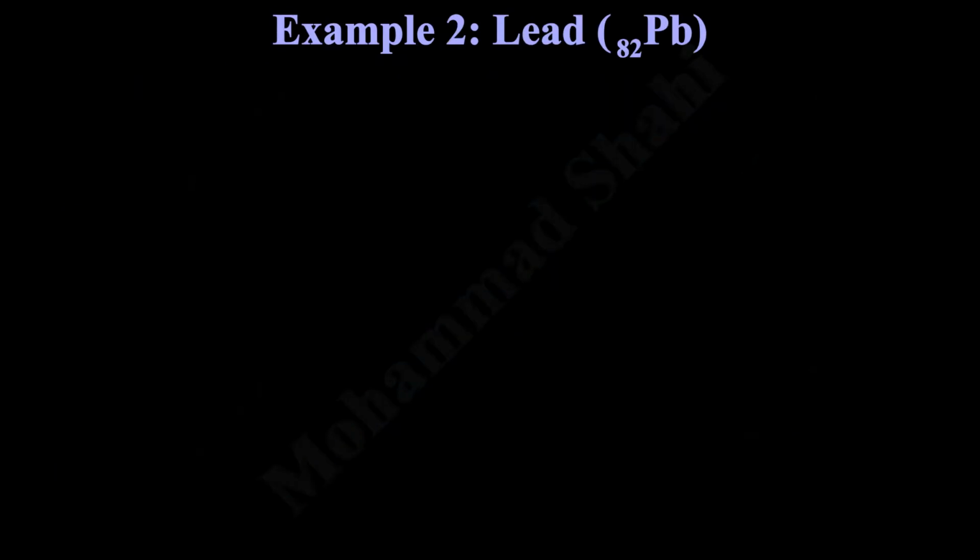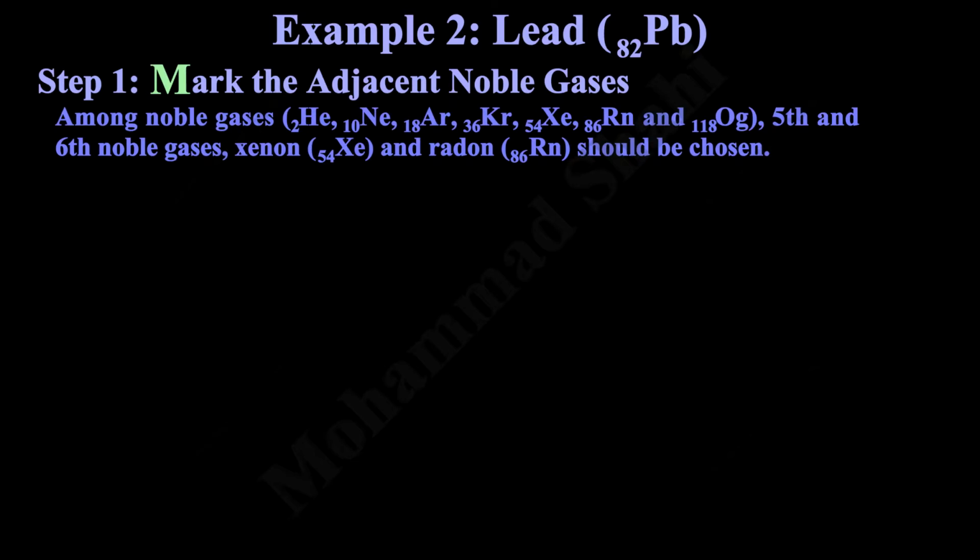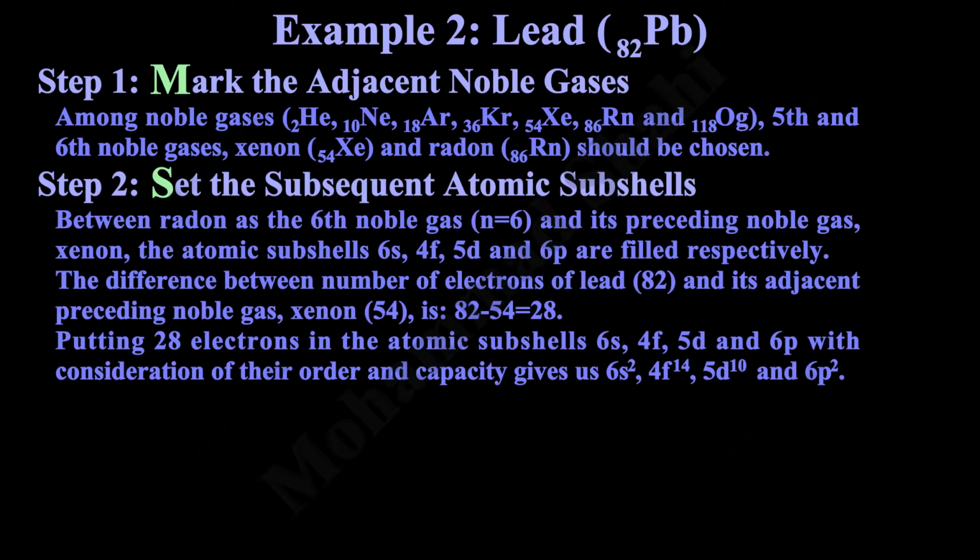As the second example, we consider obtaining of electronic configuration of the element lead with symbol Pb and atomic number 82. The first step is to mark adjacent noble gases, which are xenon and radon in this case. The second step is to set the subsequent atomic subshells.